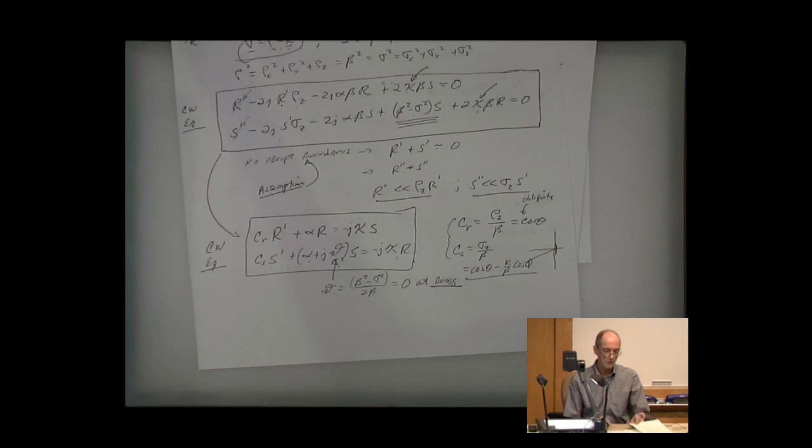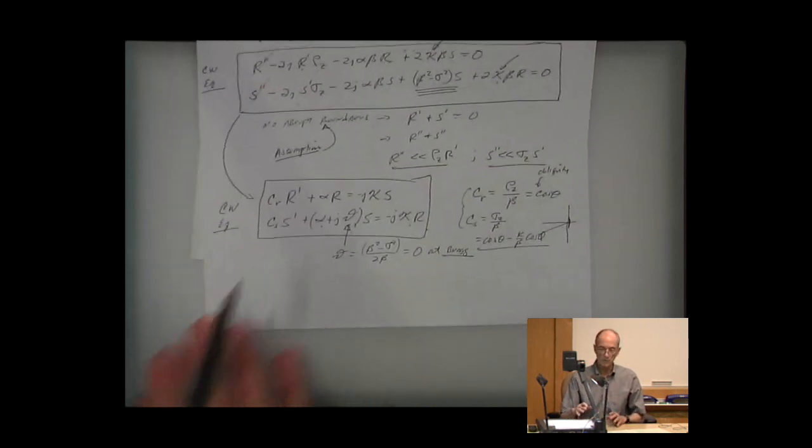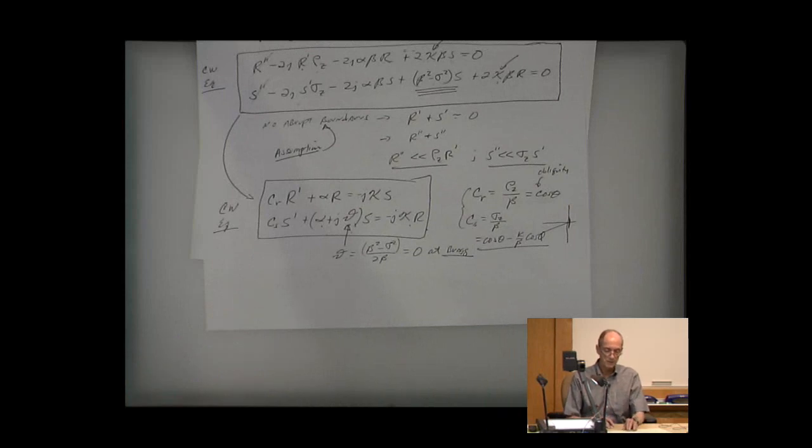I think that's really one of the really nice things about this particular formalism: it gives us an intuitive way of thinking about the coupling, and ways of estimating how strong the gratings are going to be in terms of diffraction efficiency.